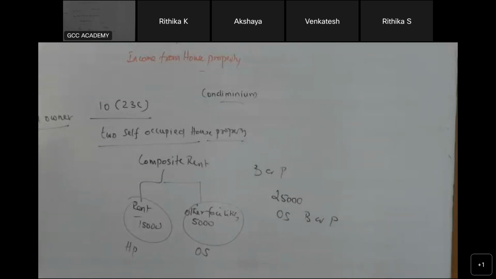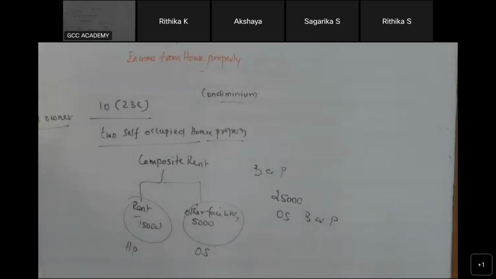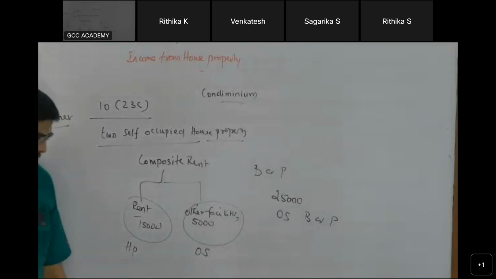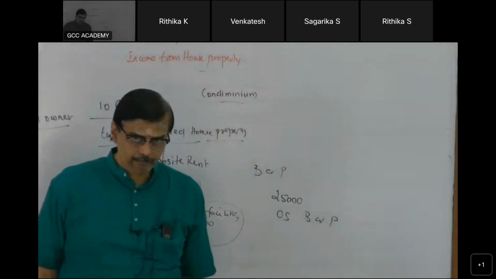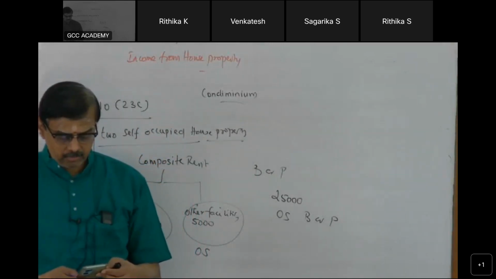Sir, both are more or less doing something against the law. Okay. Venkatesh. Sir, both are mostly similar, only a slight difference is there. Fine. Any other answers? Tell me.